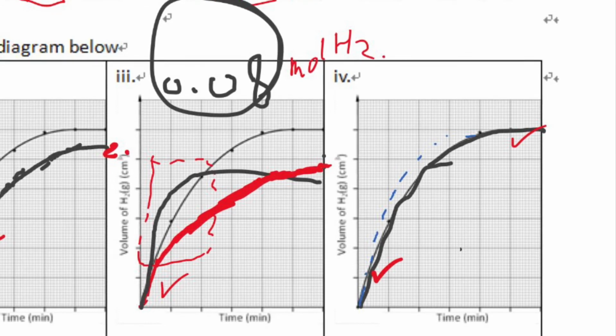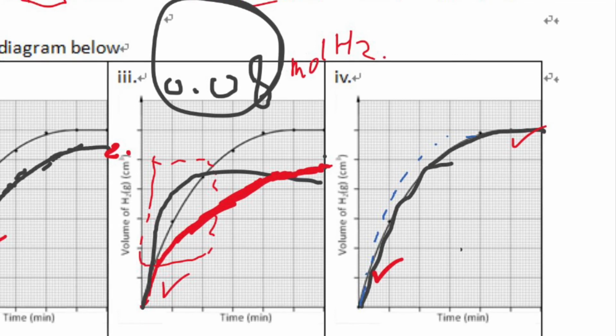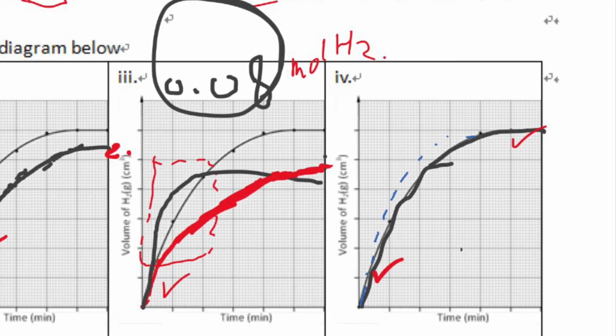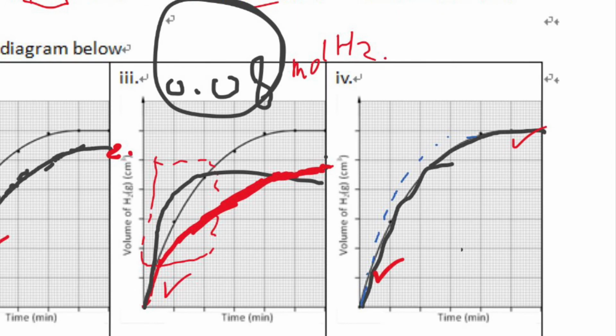So the next thing is about the new amount of hydrogen gas formed. What's the new number? 0.08, thank you. If you do the calculation, then HCl, the number of moles will be 0.16, is it?